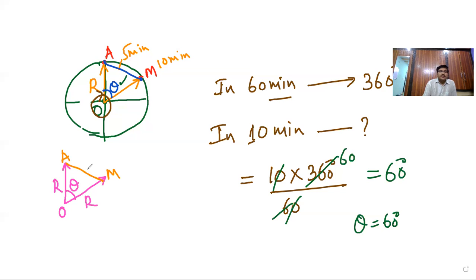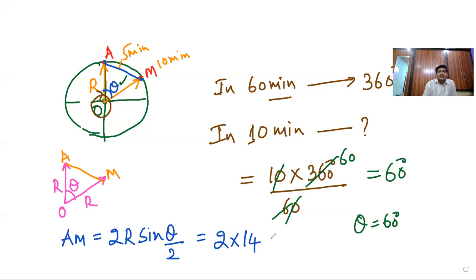AM is simply given by a simple formula: AM is 2R sine theta by 2. In the previous classes, we have seen this. 2 into R. R is how much? The length of the minute hand, that is 14 centimeters. And sine theta by 2, sine 60 degrees by 2.